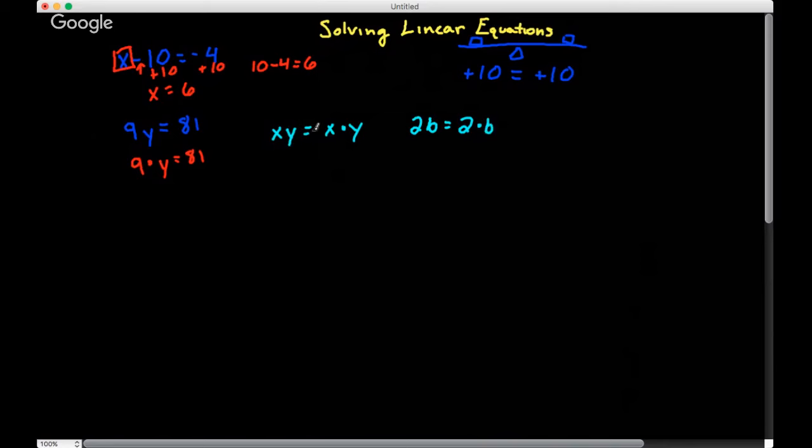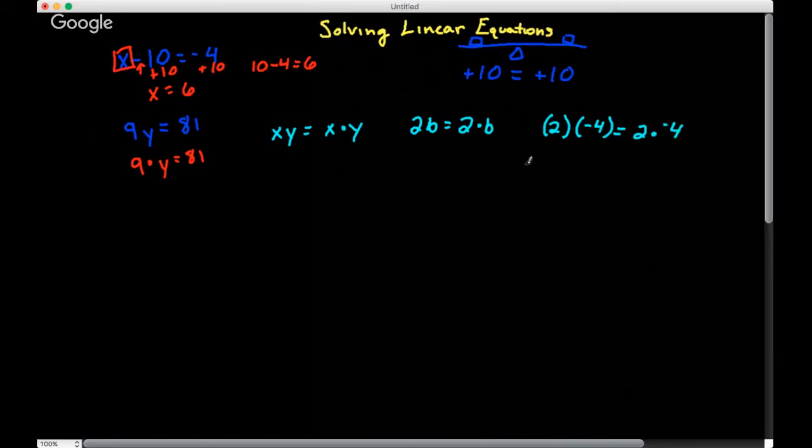Anytime you have something side by side like this with no operation written in between, that's going to be multiplication. You might see it this way. This is also going to be multiplication. So this is the same thing as saying 2 times -4.